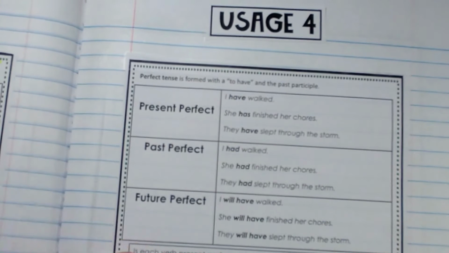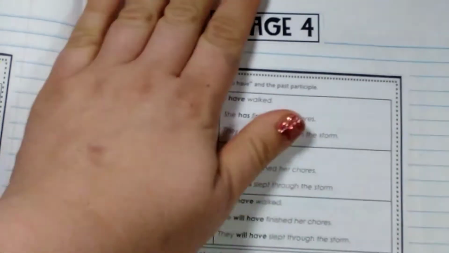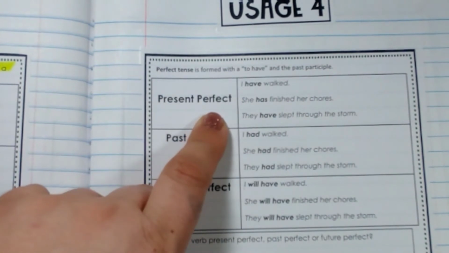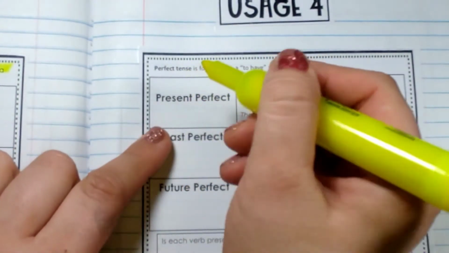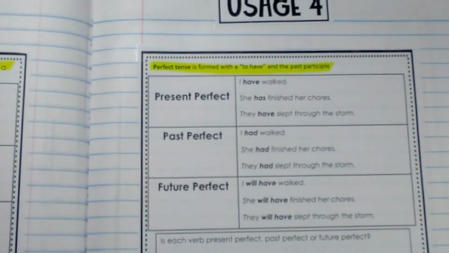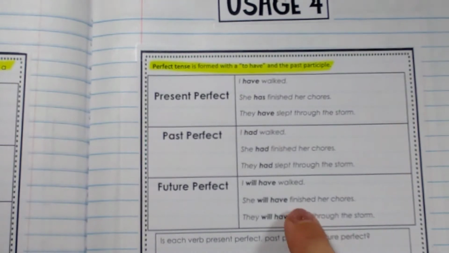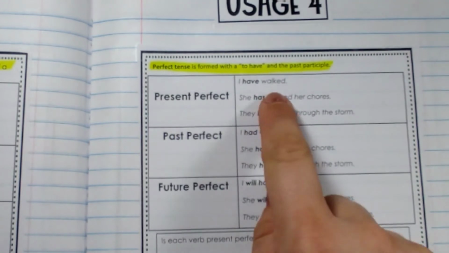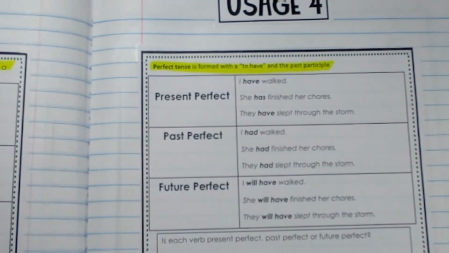All right, your next one and your last notes is our perfect tense. The present perfect is used with the word "to have" and the past participle. Now, the past participle is like finished, slept. So all of these are written past.